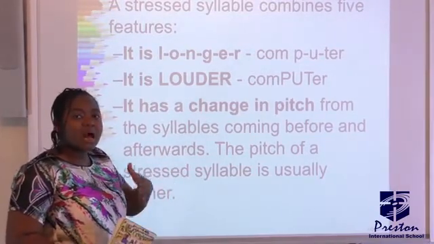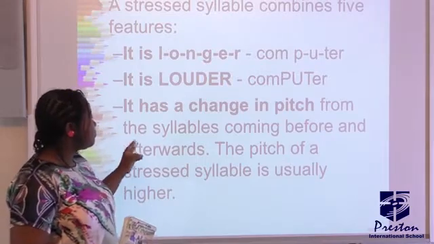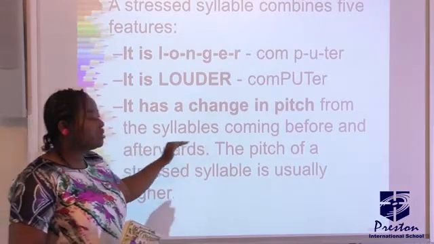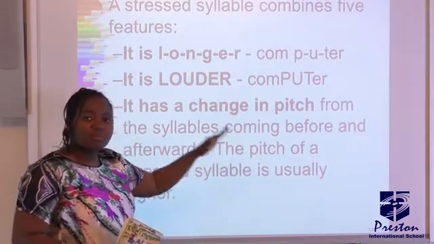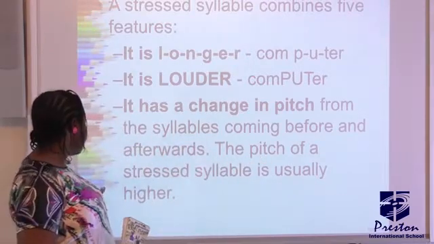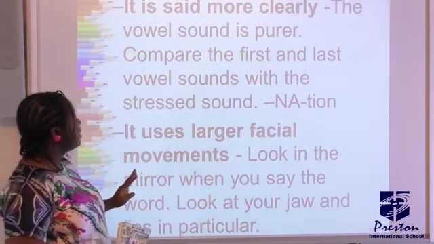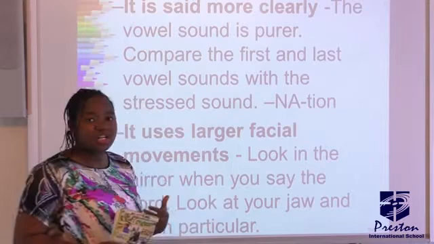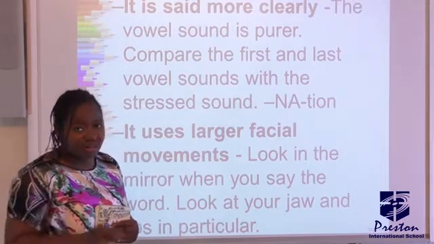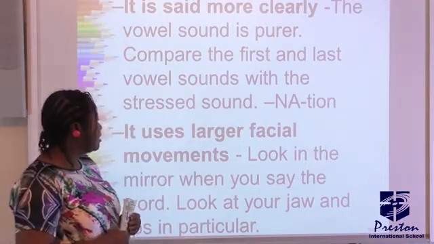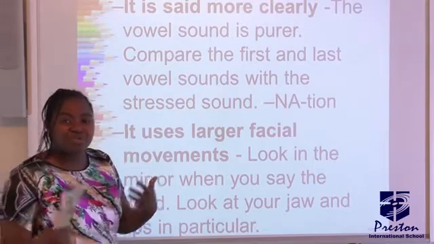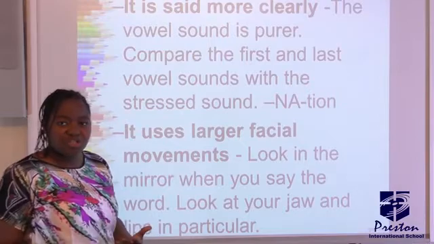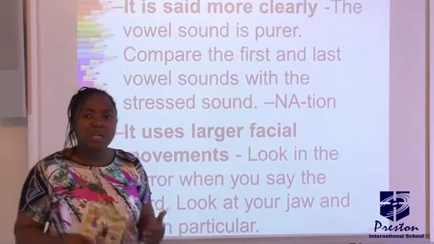Three, it has a change in pitch from the other syllables. The pitch will change. Then four, it is pronounced more clearly. In fact, we normally say in the English language that the syllable is purer than others. Lastly, the facial expression. If you are pronouncing it and you look at your face in the mirror, the expression will change.